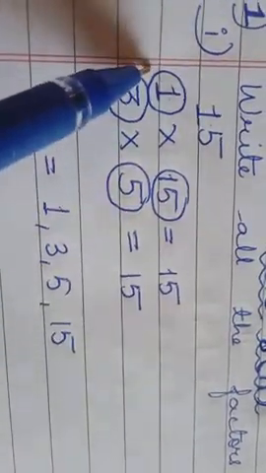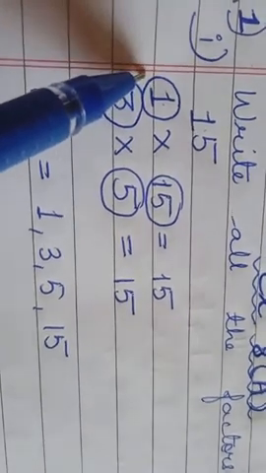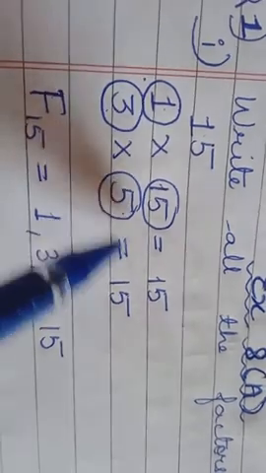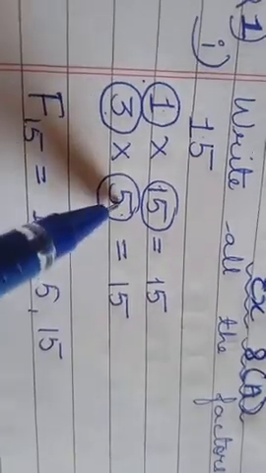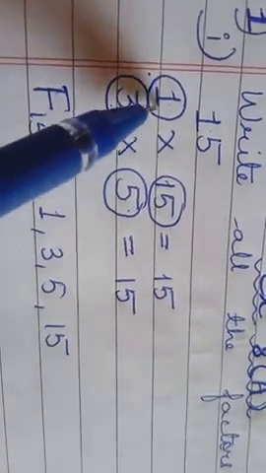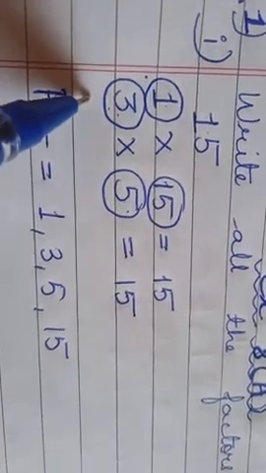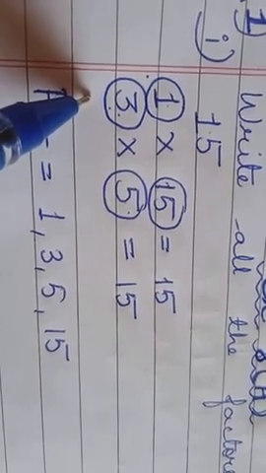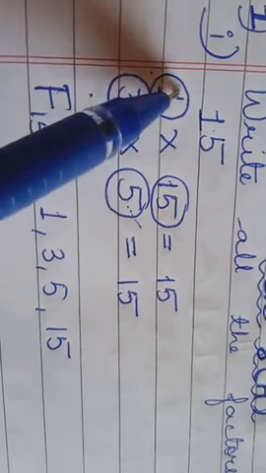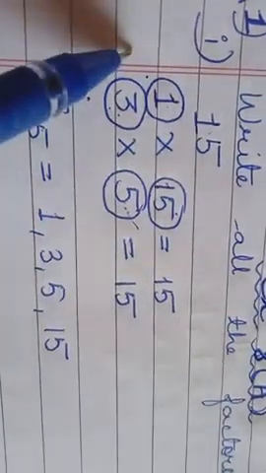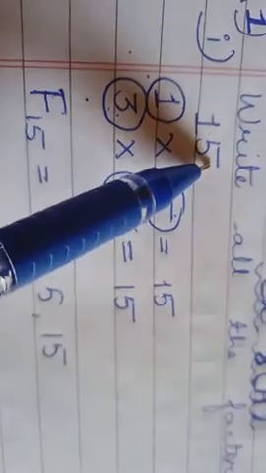Then does it come in 2's table? No. So ignore 2. Then 3. 3 5s are 15. Right? After 3, it won't come in 4's table, so we have ignored 4. Then 5. 2's table, 15 doesn't come, or 15 is not divisible by 2 because 15 is an odd number.